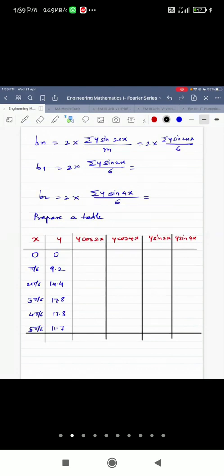I'll try to explain all these calculations, how to get them in one single step using the calculator. That I'll show you. Make sure that everybody has written this table in your notebook. Once you say yes, I'll open my calculator and then we'll start our calculations.